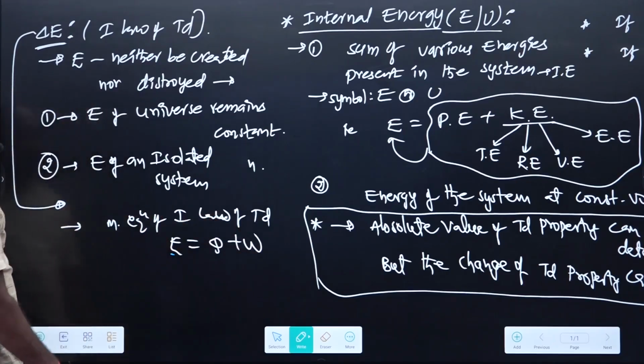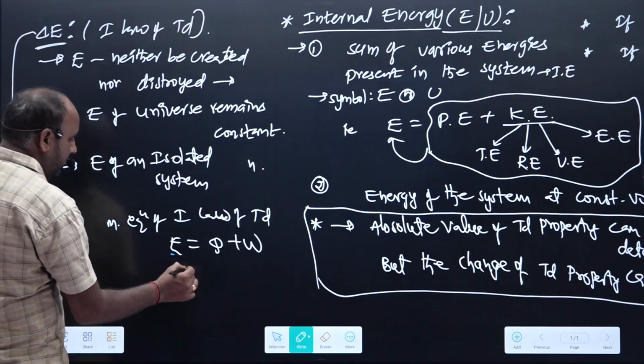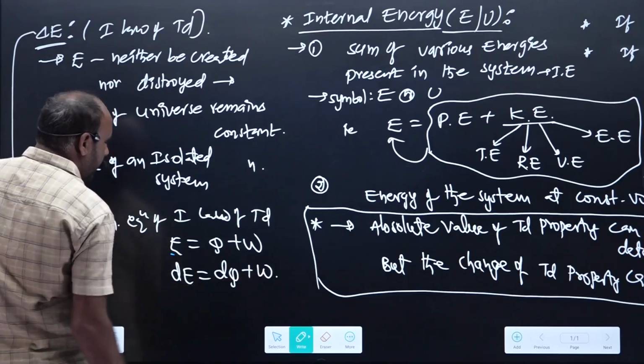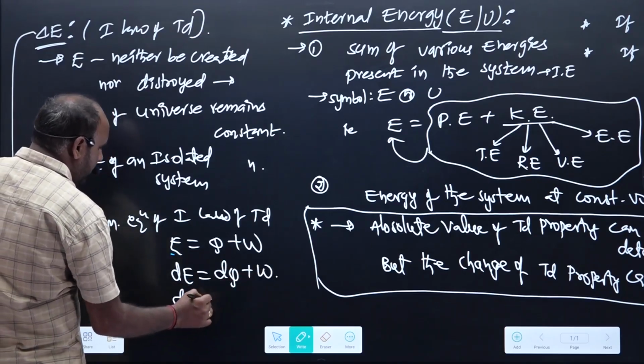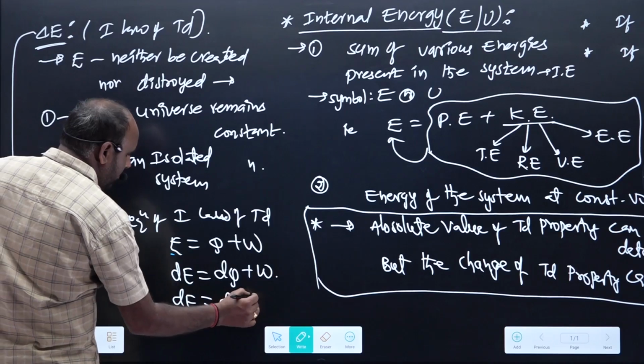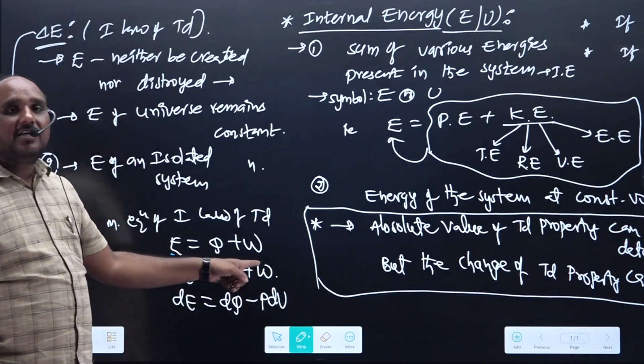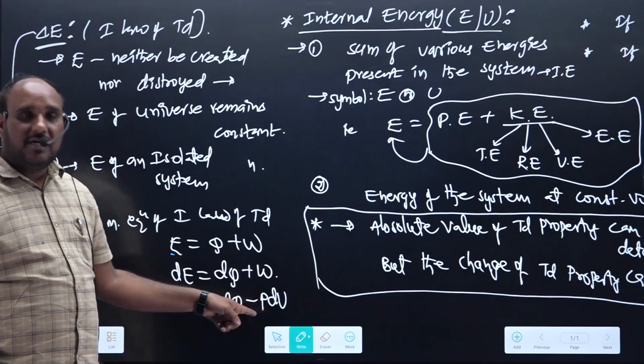If it is applied for a small change, we have to write dE is equal to dQ plus W. But W is equal to what? We know that dE is equal to dQ minus PdV. Why minus PdV? Because it is work done by the system.